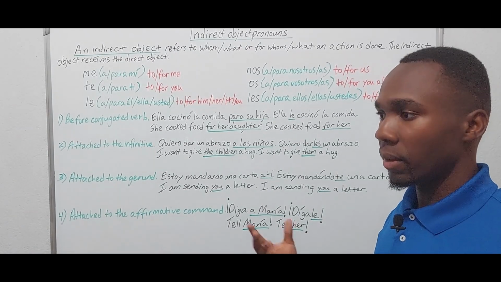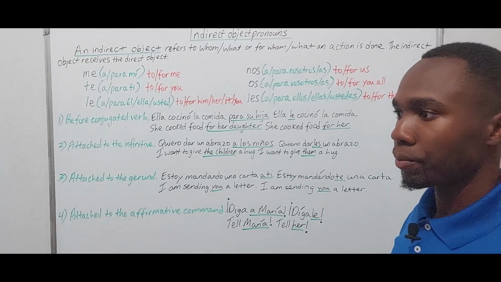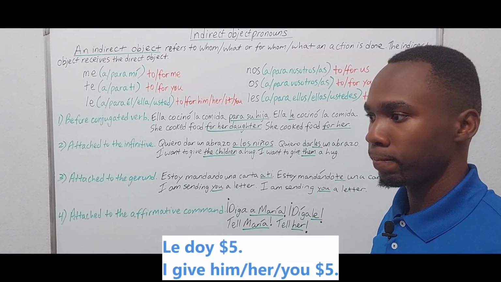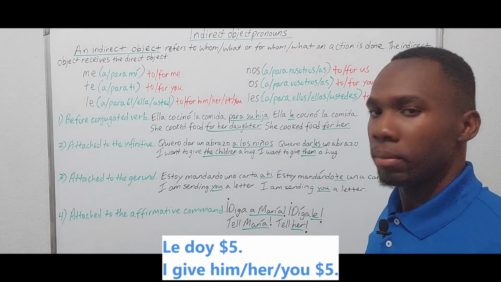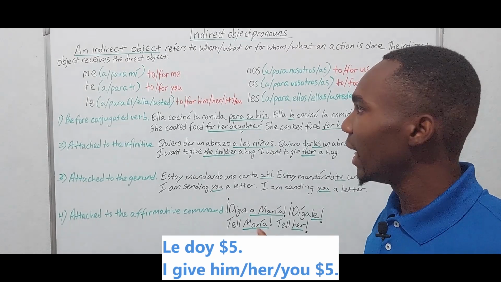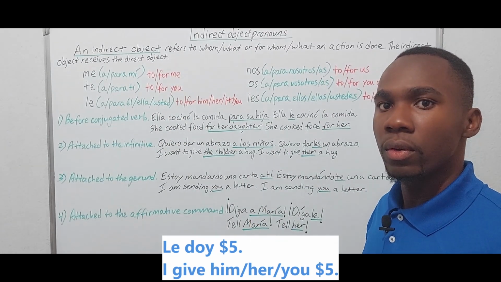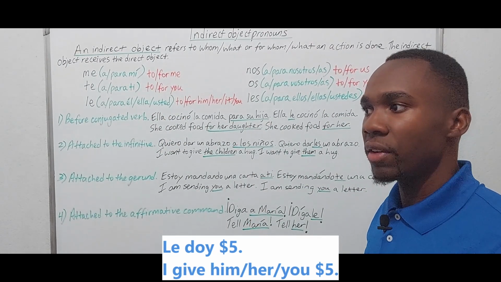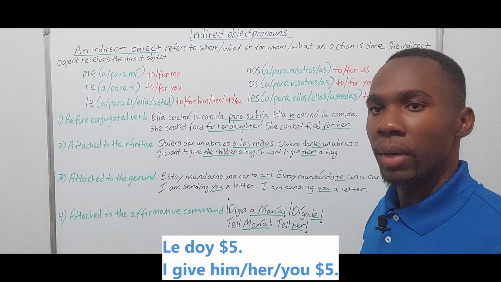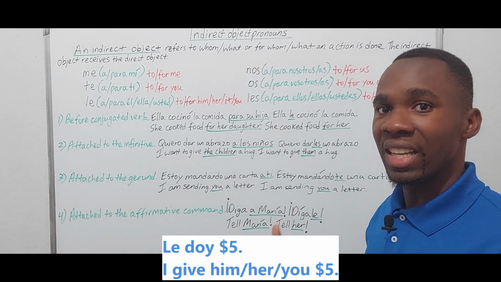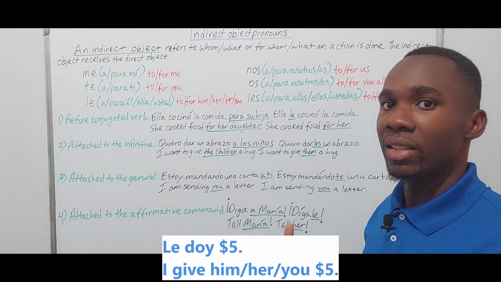Okay? So let me give you another example. If I say le doy $5, but to whom? Le could refer to él, ella, usted. Who are you talking about? Who do you give $5 to? But if it's not understood who is the recipient or who's the indirect object, then we need to make that clear.